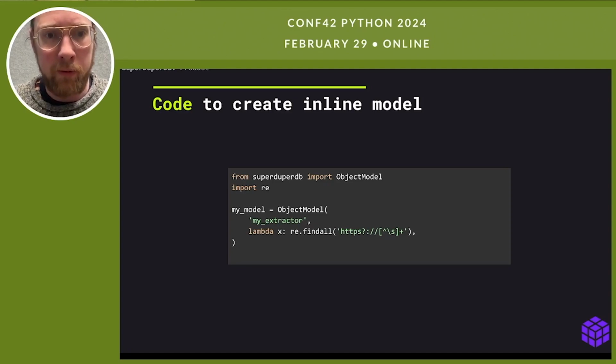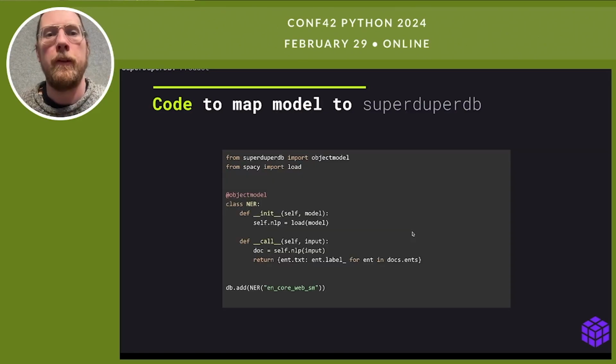So here, for instance, we import the object model wrapper, give it a name, myExtractor, and we're passing as the heavy lifting component of this model a mapping which extracts URLs from an input string. So you can go much more involved than this. For instance, here we are using spaCy to parse text and doing essentially named entity recognition on this text.